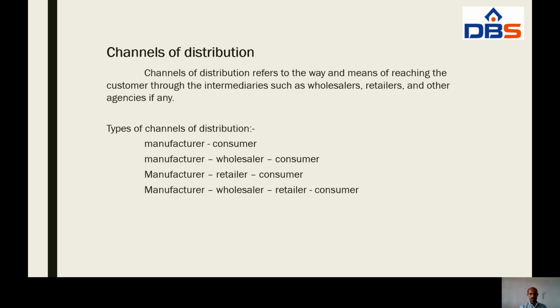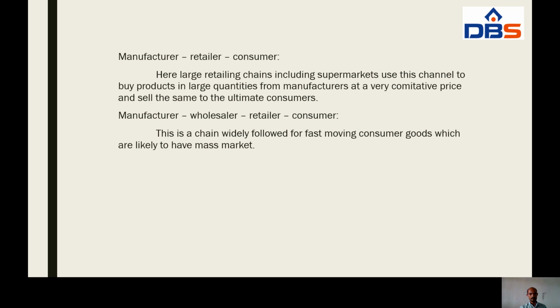See, the fourth way: manufacturer, wholesaler, retailer, consumer. This is a chain widely followed for fast-moving consumer goods which are likely to have a mass market. When the consumers are large in number, widely dispersed demographically, and products are of low value, the channel is favored.